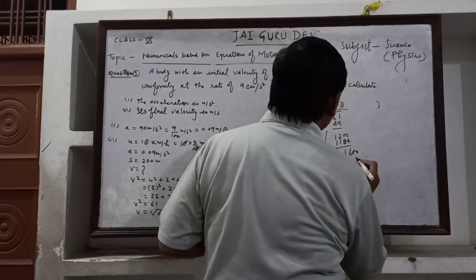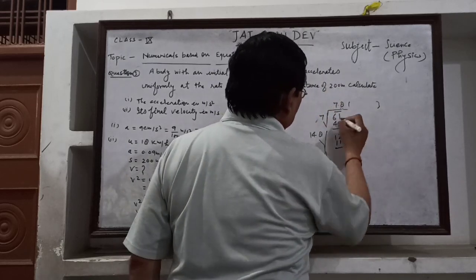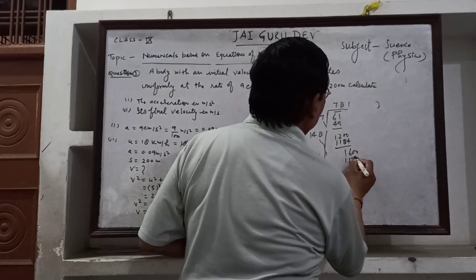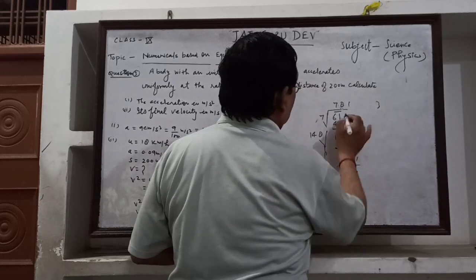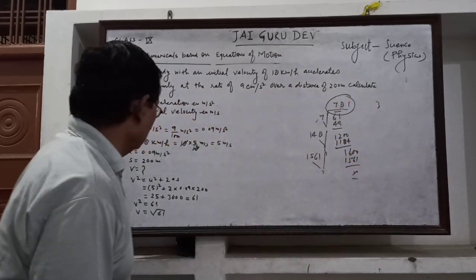Once again a pair of 0 one time, very simple. So we write here 1 and 1 by 6. Leave that.